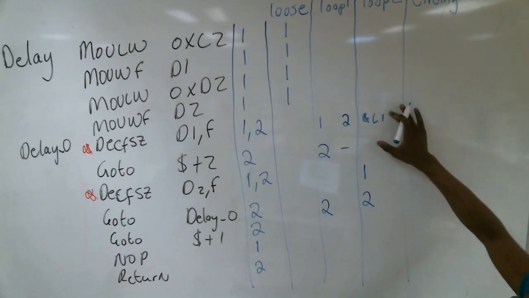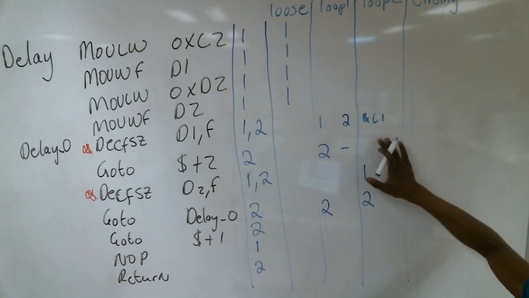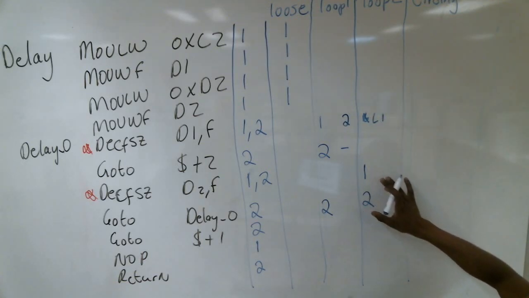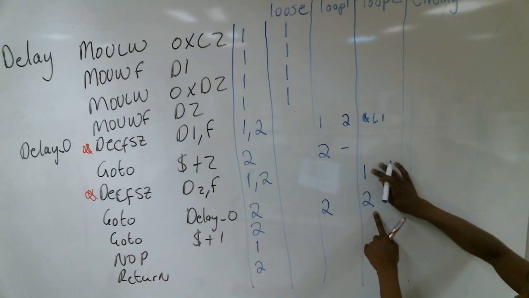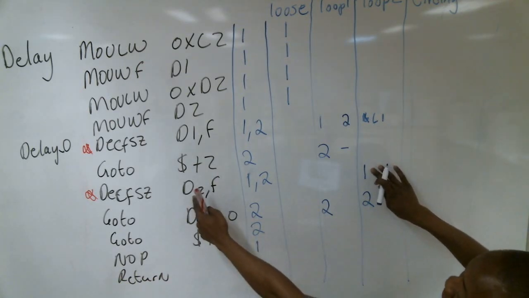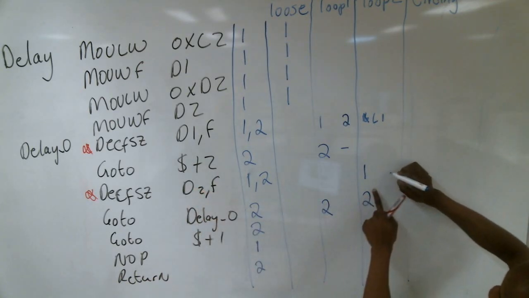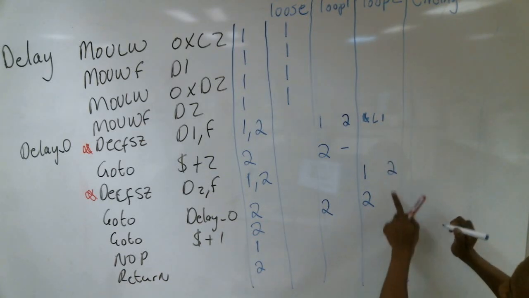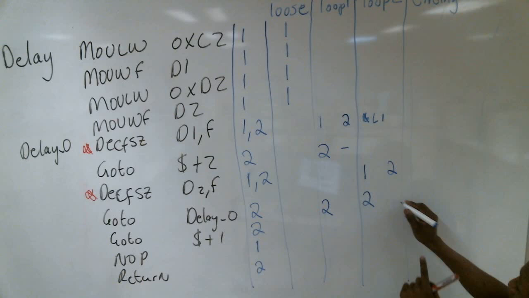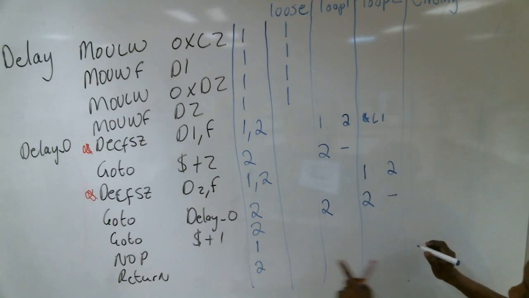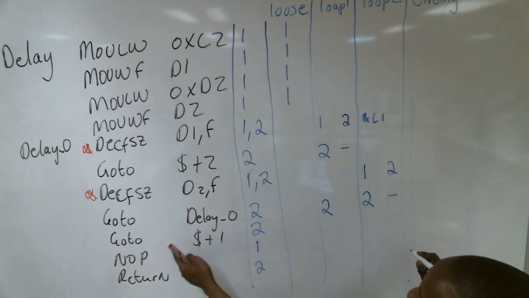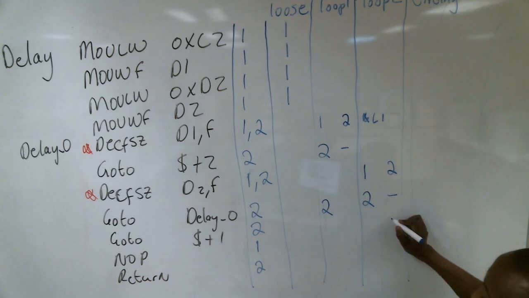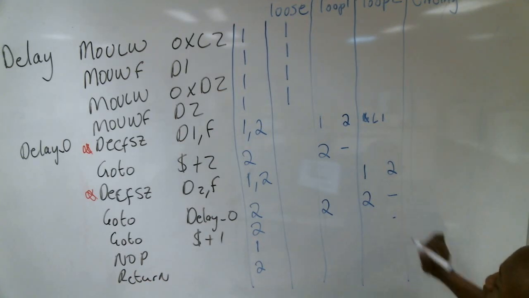And then I know that when loop 1 is done, it's going to come back to loop 2. And when D2 becomes 0, this will now be executed as 2 cycles. And then from here, it's going to skip this instruction and go to this one here, which is go to.